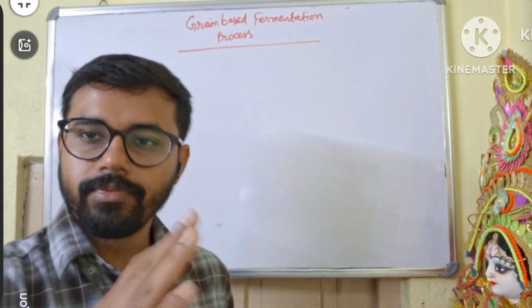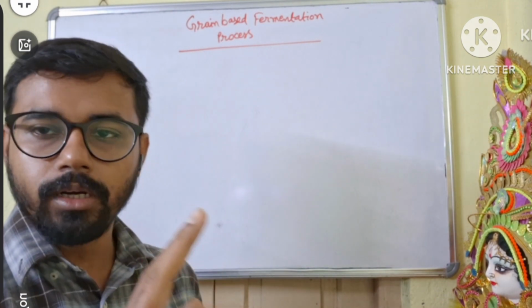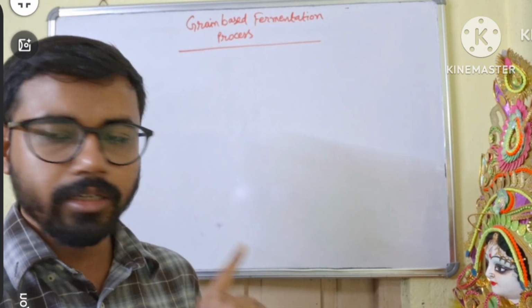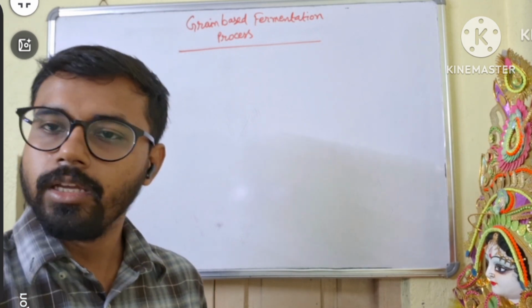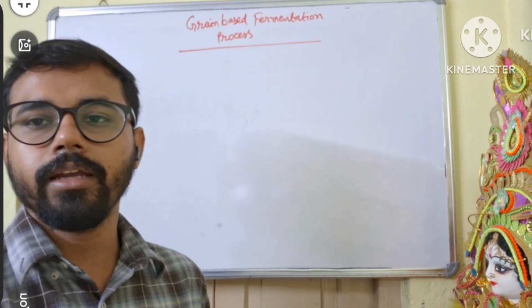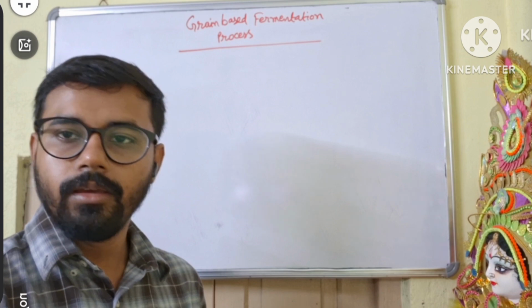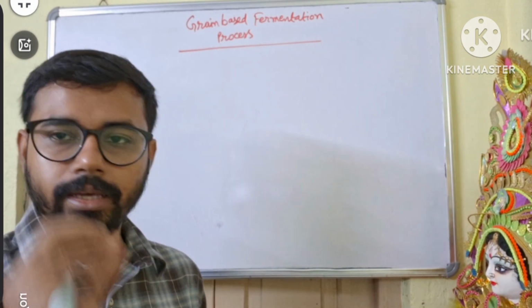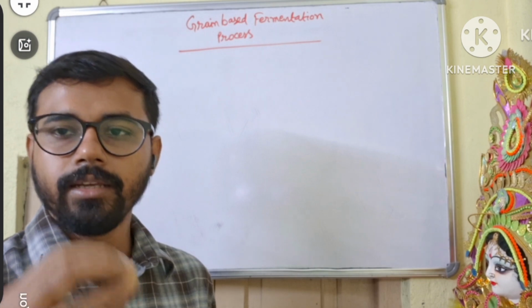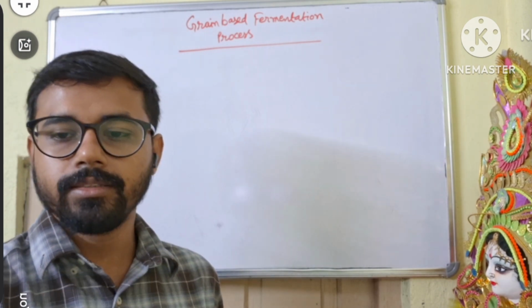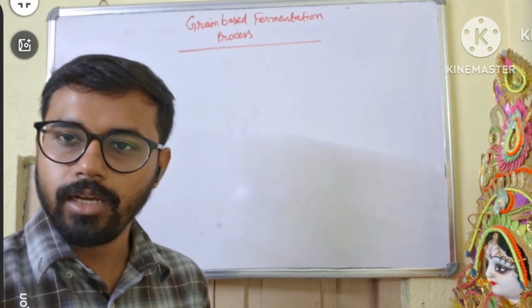But in grain-based fermentation, the two we have already discussed, idli and dosa, the popular breakfast, do not need any kind of starter culture. They are fermented based on indigenous microbes, that means natural microbes present inside the dal and the rice. Clear?